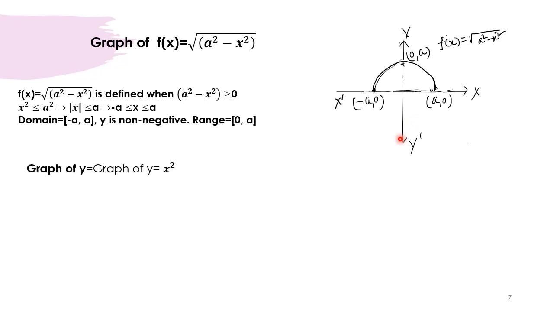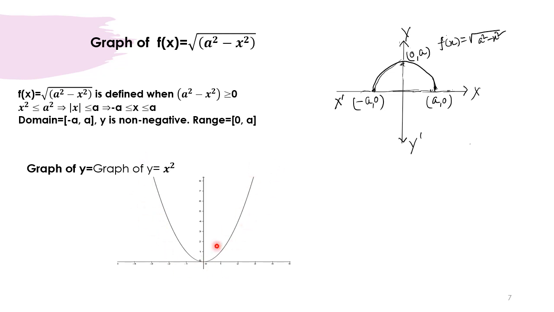And one very familiar graph, y = x². So y = x² is basically a parabola, you would call it a parabola. So it looks like this, like a parabola. What will its domain be? You can take any value of x.